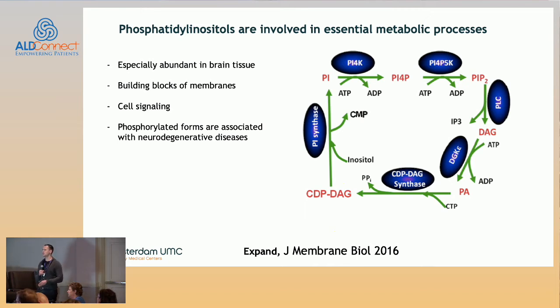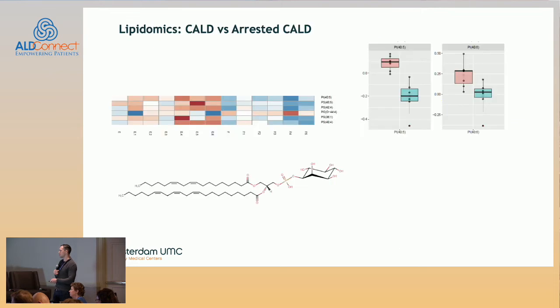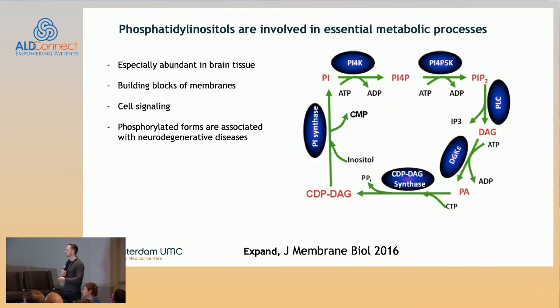Around 10 to 15% of total phospholipids in the brain is composed of inositols. And these inositols can also be phosphorylated, so that means that certain phosphate groups are attached to this head group. And these phosphorylated forms are associated with other neurological diseases, including Parkinson's and Alzheimer's.